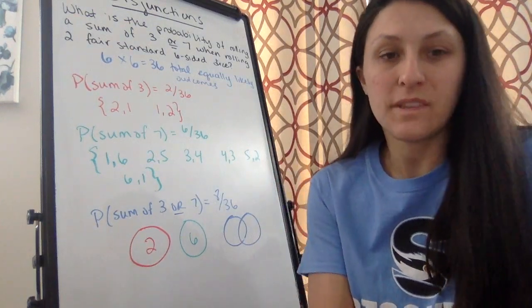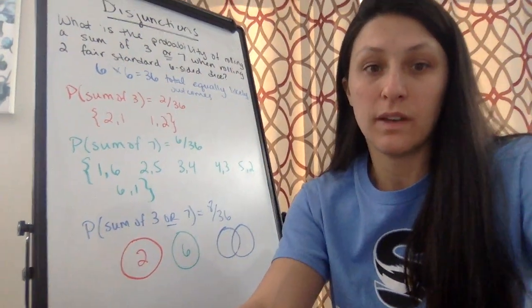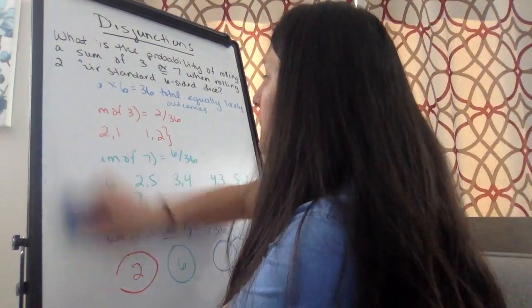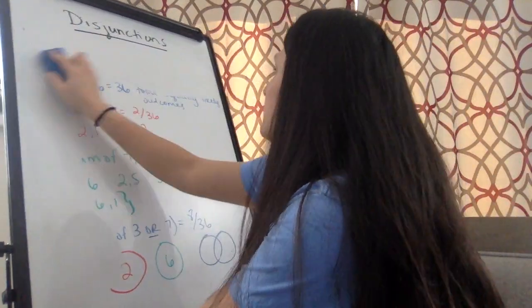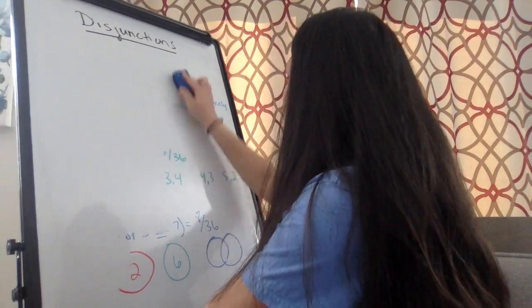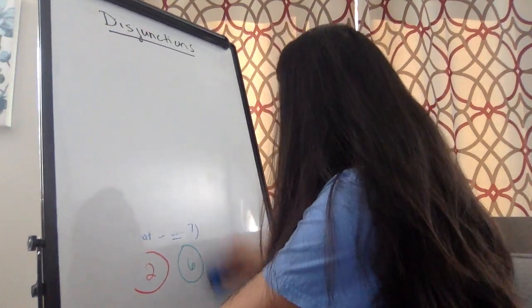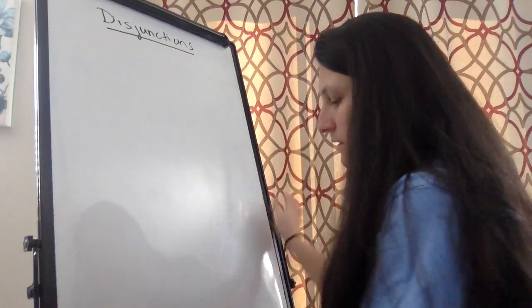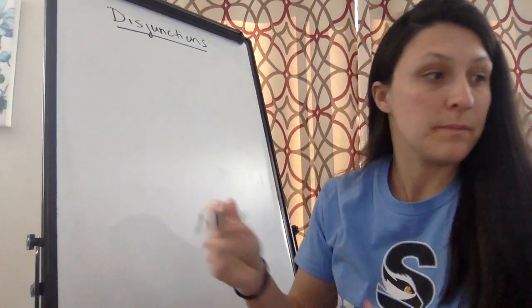Okay, so I'm going to erase all this, and we're going to put a different example problem up. All right, so this example is going to be about a class of students and what kind of pets they own.